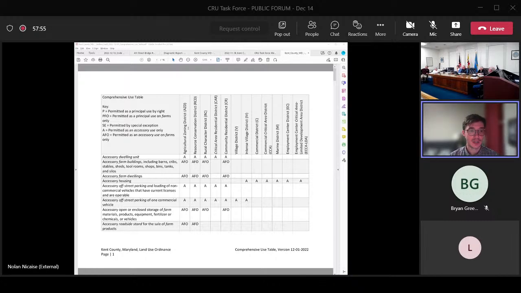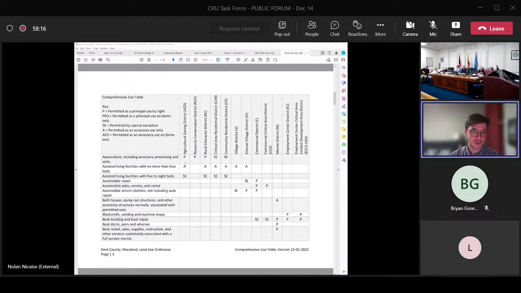So you could look, for example, at the agricultural zoning district and say, I want to know all of the uses that are permitted in the agricultural zoning district, whether that's by right, on farms only, as a special exception, as an accessory use on farms only, or as an accessory use everywhere. And we can scroll down and see that aquaculture is a permitted use. However, automobile repair is not.